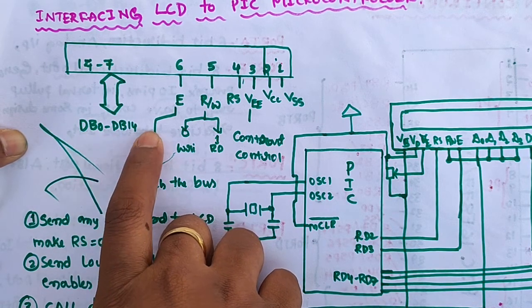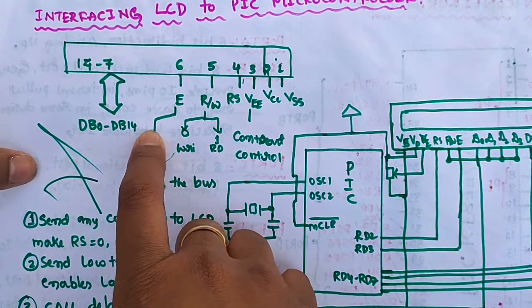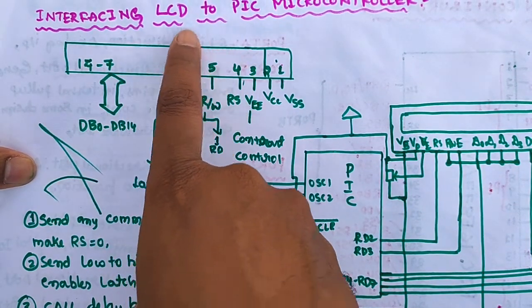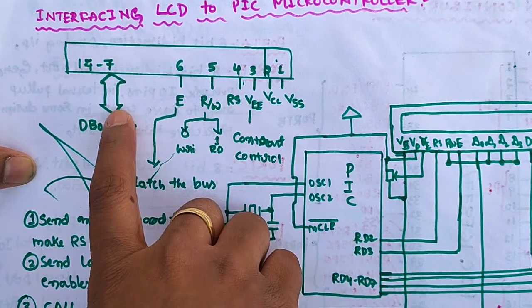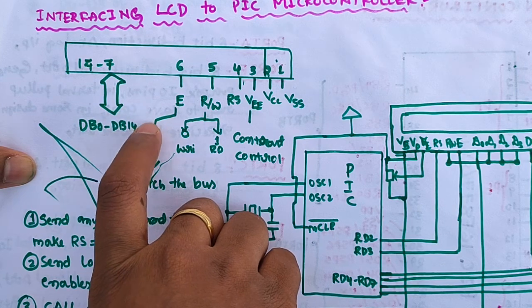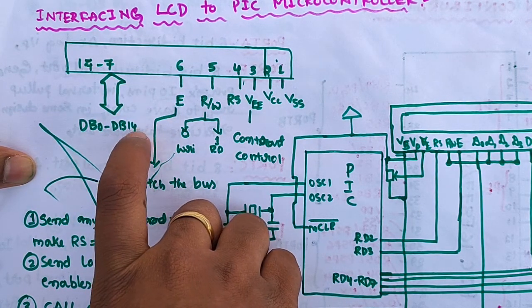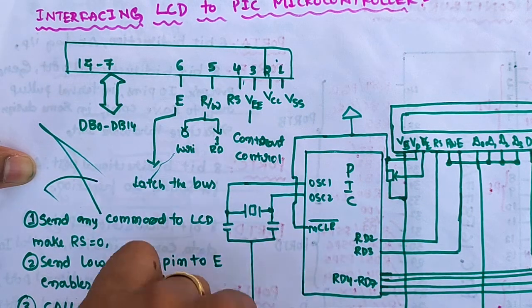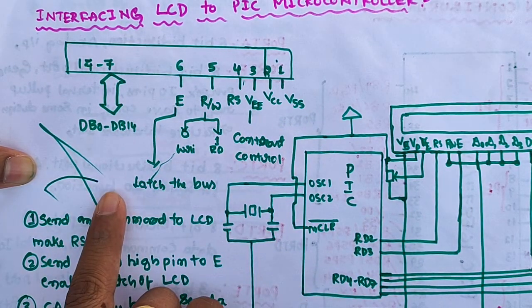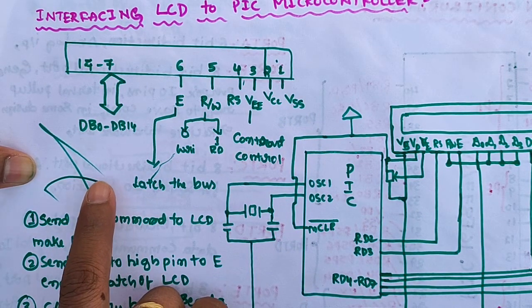So 8 data lines are accessed there. To interface this LCD, 2 modes of operation are there: 4-bit mode and 8-bit mode. In this interface I used the 4-bit mode of interfacing the LCD to the PIC microcontroller.